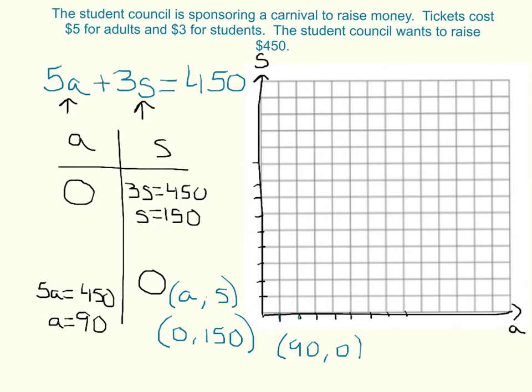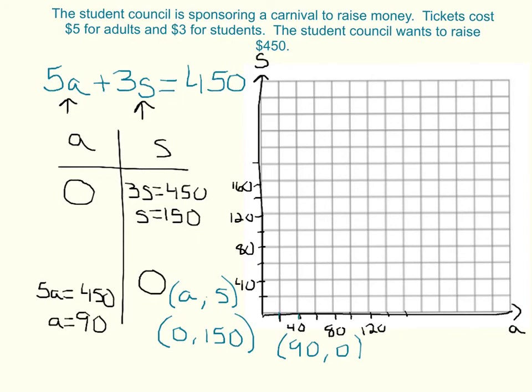I'm going to label my graph and I'm going to count by 20s. So 20, 40, 60, 80, 100, 120. And then counting up, I'll count by 20s as well: 20, 40, 60, 80, 100, 120, 140, and 160.